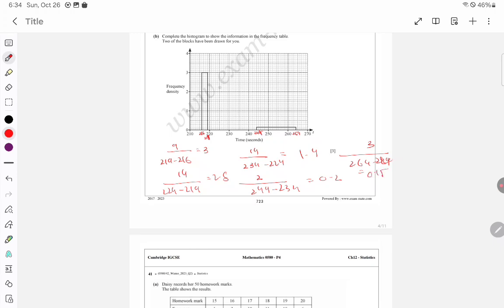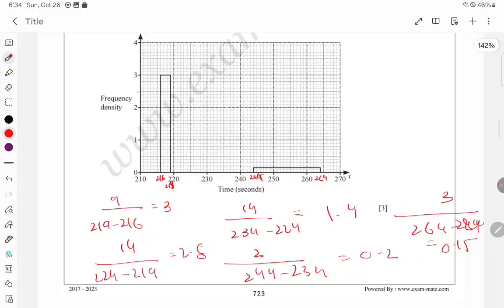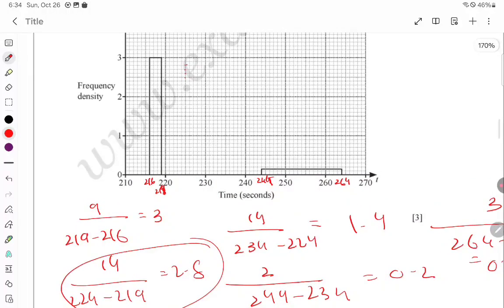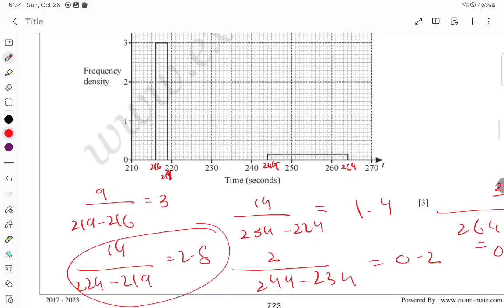For the first, for the second, it is 2.8. For 224 to 235, from here to 224, which is right here, 225, 226, 227, 228, 229, 230.